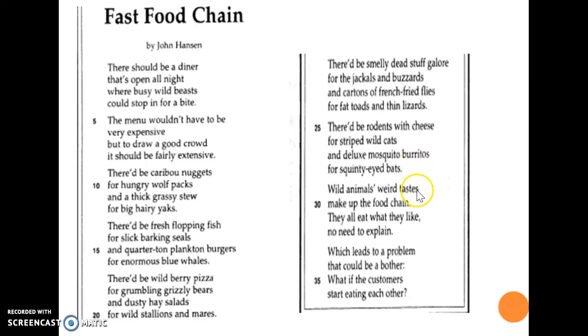And here we are, V, W, X, W, because chain and explain rhyme. And then here we're going to do Y, Z, double A, and back to Z because bother and other rhyme.